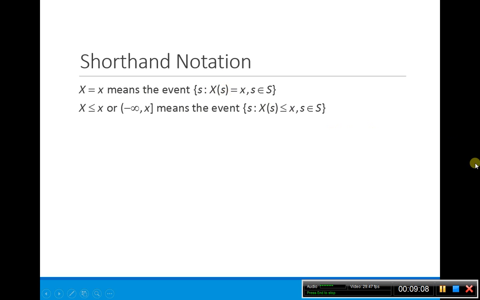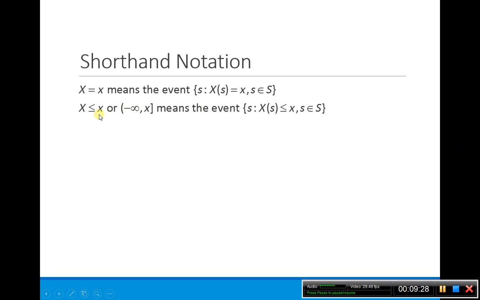So for example, capital X equals 0 means the event TTT in our previous example. Capital X equals 0 means the event that there are no heads, which is the event tails, tails, tails.